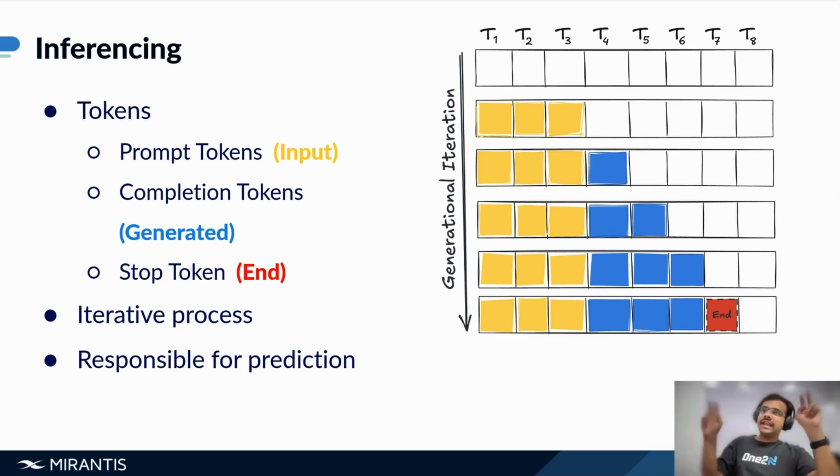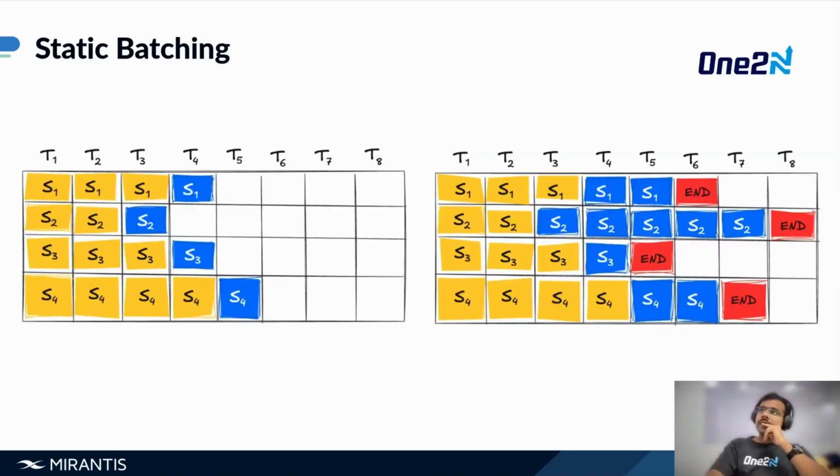And that is how the LLM is able to predict the output. Now, to do that, it makes sense to represent them in memory in a continuous fashion. And this is what the concept of static batching does. So for example, you could see in the diagram that I have a bunch of requests, S1, S2, S3, S4, and I have allocated memory in a contiguous fashion for each request.